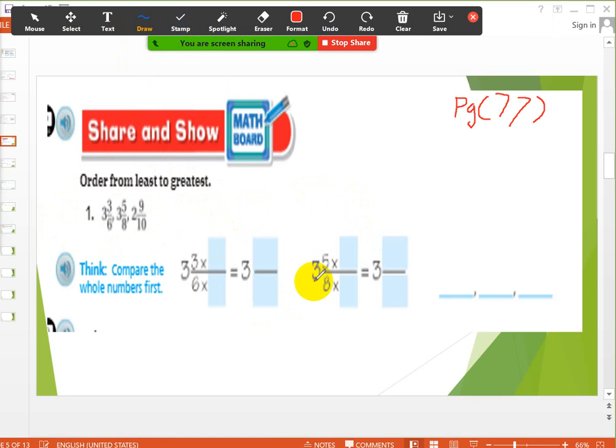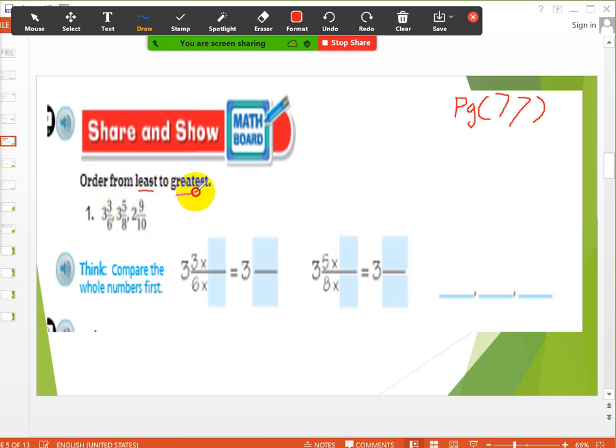So if I want to order from the least to the greatest, the numbers here are mixed numbers. That means a whole and a fraction. So 3 and 3 over 6, 3 and 5 over 8, 2 and 9 over 10. I told you, when you want to order numbers, that means you have to compare between the numbers to know which one is the least, which one is the greatest.